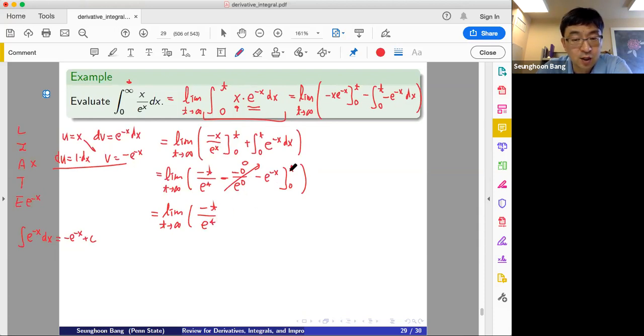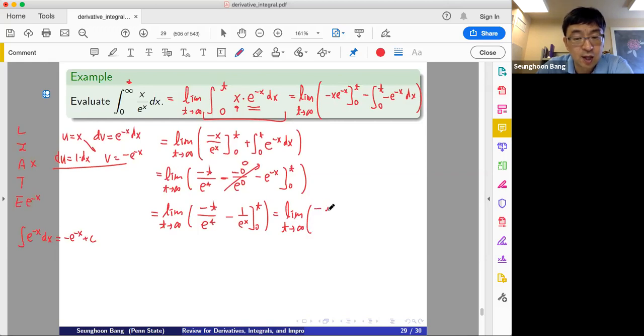Before plugging in t, I'm going to change it to the positive exponent, negative 1 over e to the x from 0 to t. What's that? The limit as t approaches infinity.